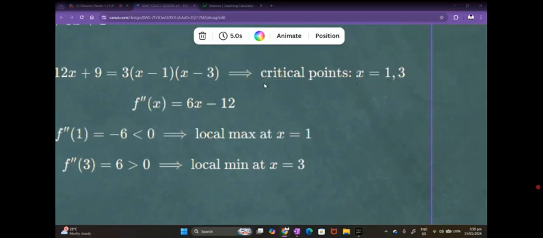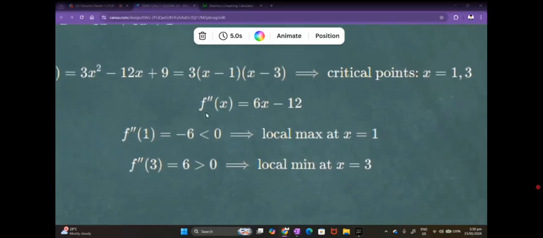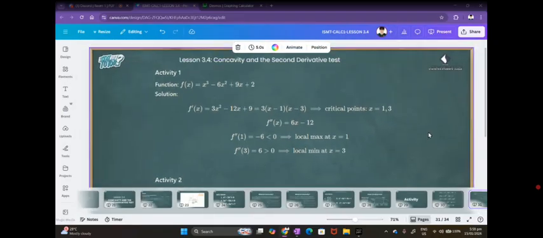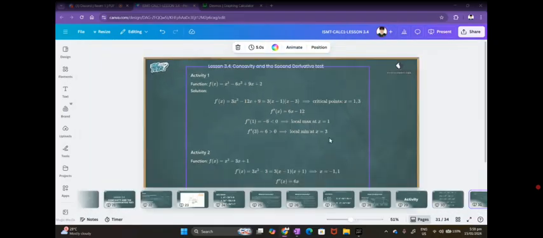Then, sa second derivative, tama na it's concave downwards, then concave upwards. So, when we check, ayan.